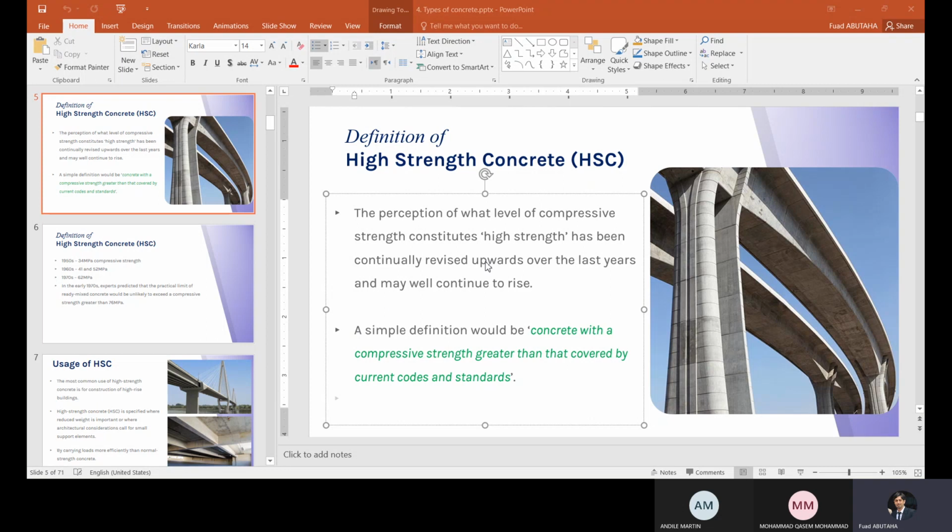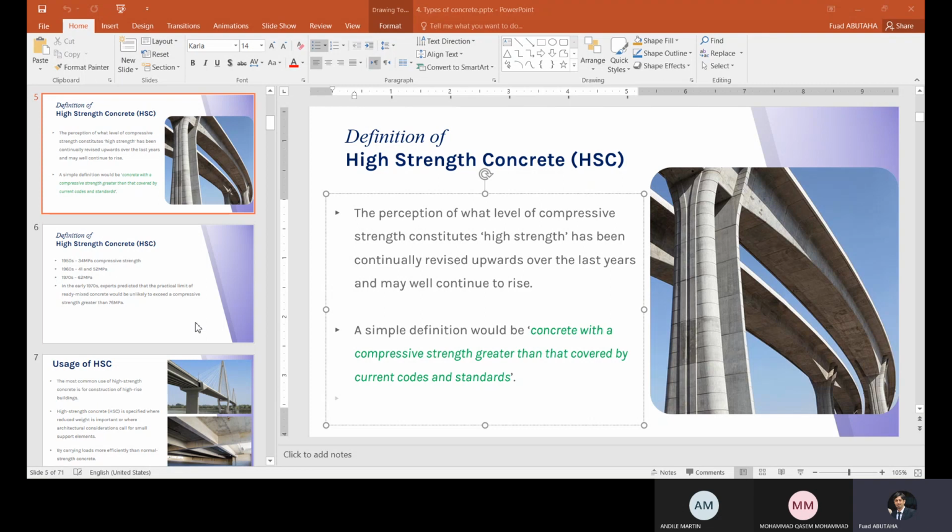This is first. The second one is the aggregate size, the particle aggregate size. You know, aggregate comes in different ranges, and the range of the coarse aggregate, for example, starts from 4.75 or 4 or 5, depending on the standard.